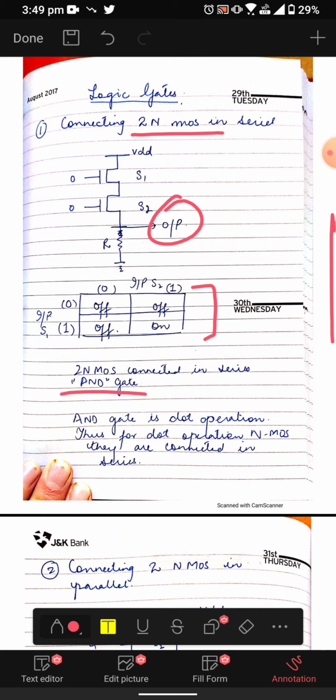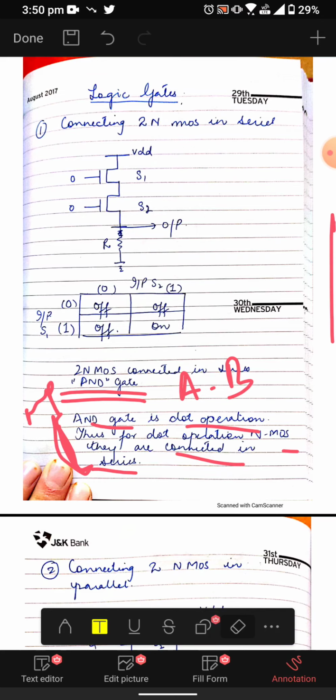So connecting two N-type MOSFETs in series will give me an AND operation at the output, and this is how we make an AND gate from MOSFETs. As you know, the AND gate is a dot operation. AND is A dot B. And for the dot operation we have seen that NMOS are connected in series. Just remember these lines. These are important. Fine.